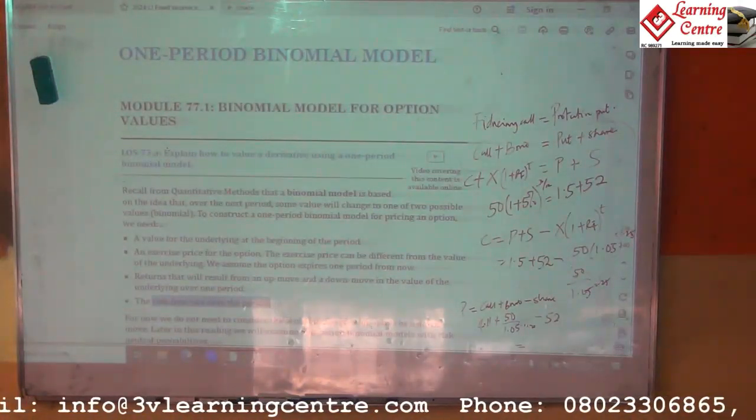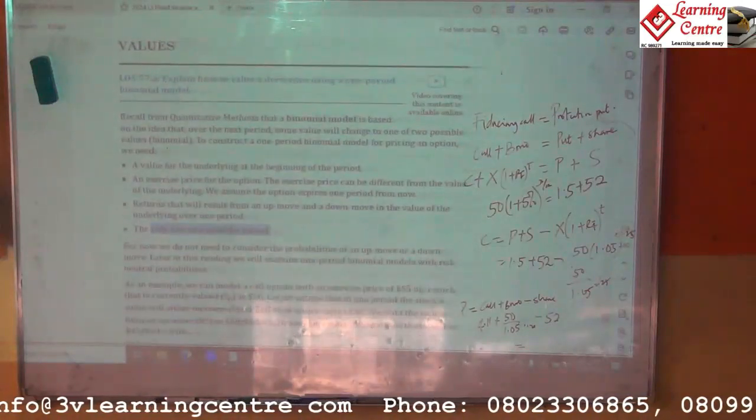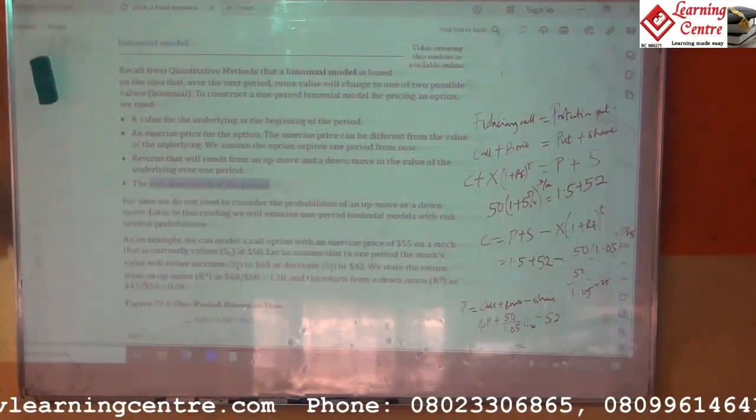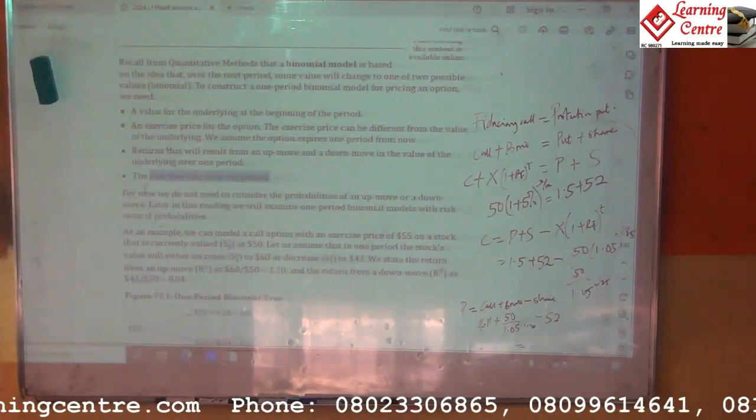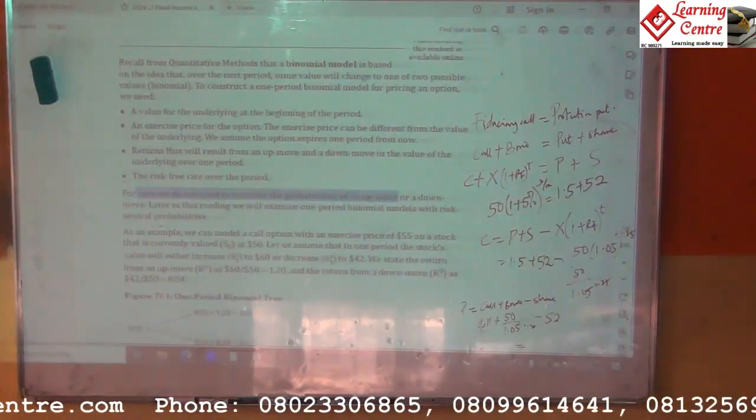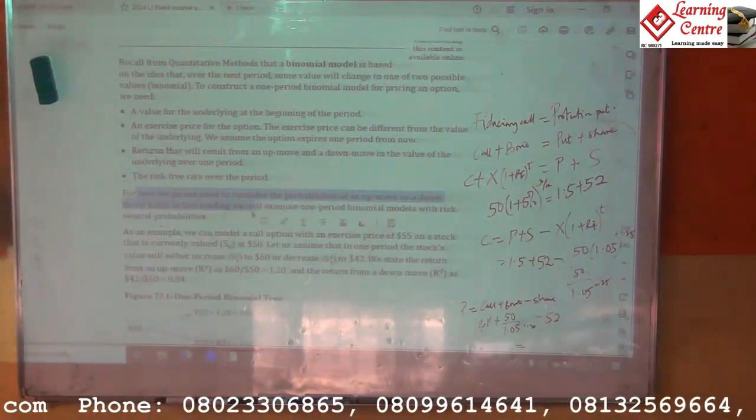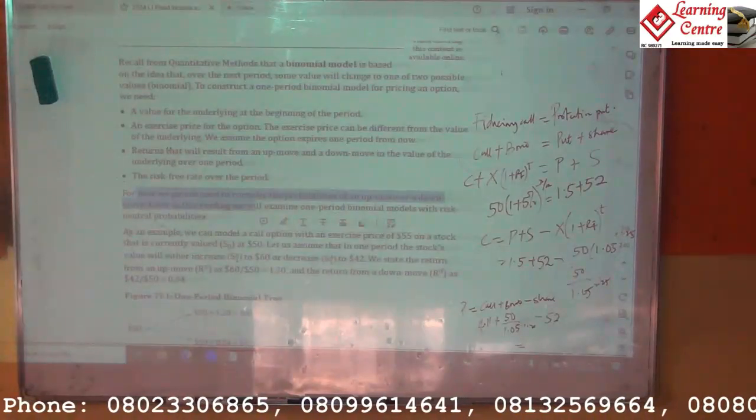So all this is basically things that we know. For now, we do not need to consider the probabilities of an up and down. So let's use an example.